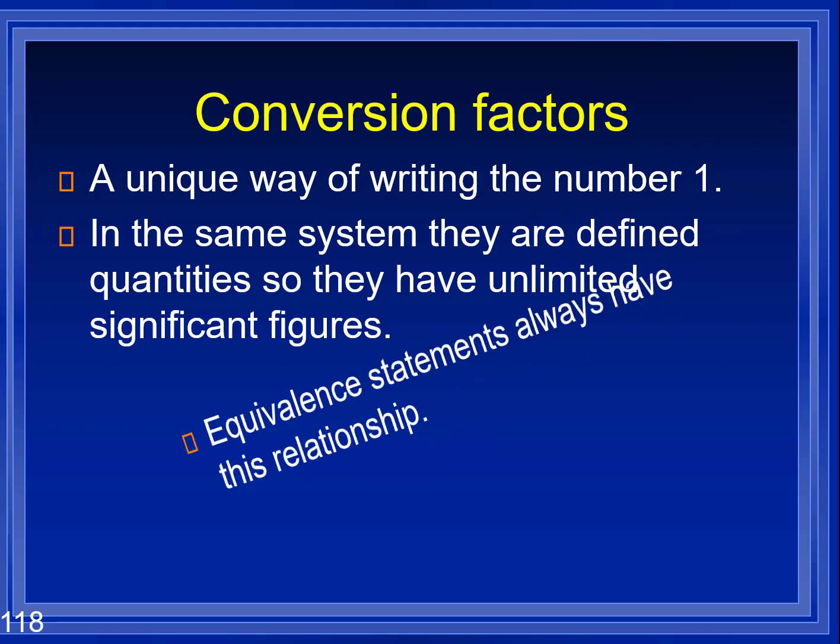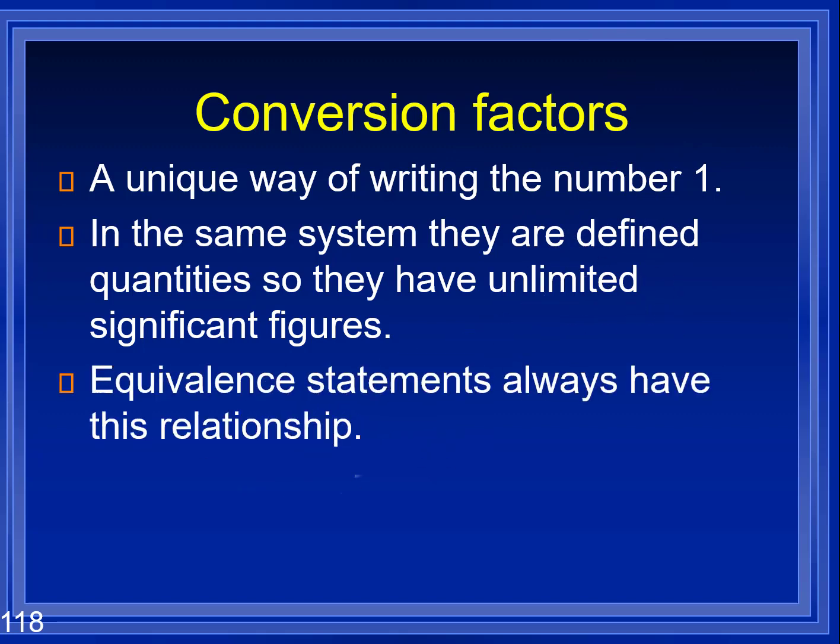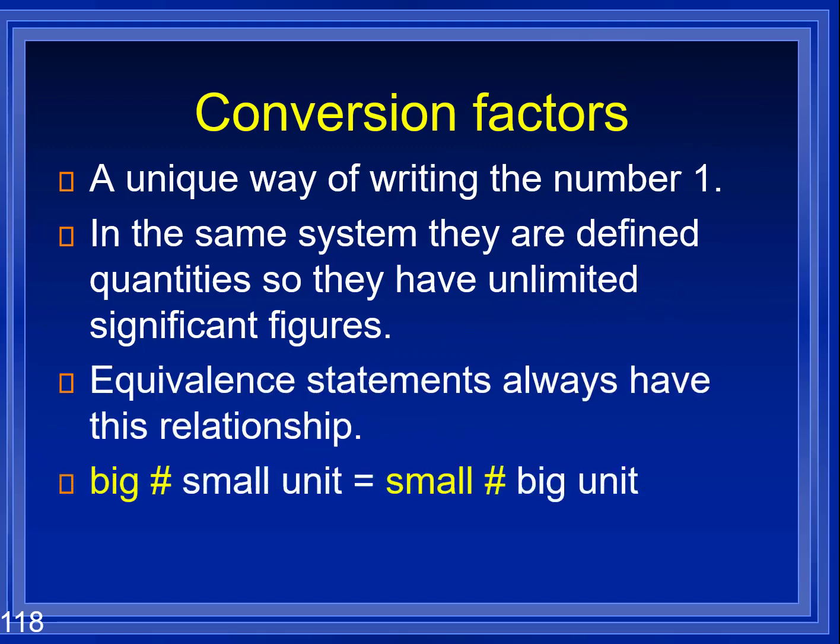Okay. And equivalent statements always have this relationship. The big number goes next to the small unit, and the small number goes next to the big unit. We talked about this yesterday, in terms of scientific notation. The big number has a small exponent, the small number has the big exponent. For example, 1,000 millimeters is 1 meter.